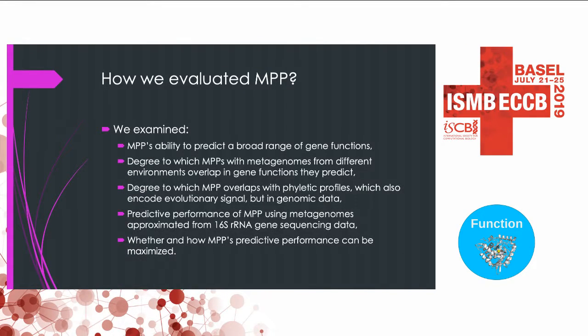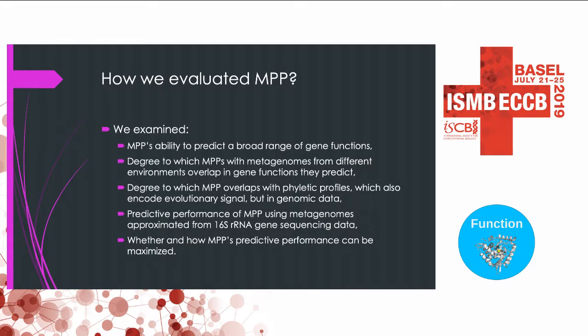We evaluated MPP in several steps. First, we were interested in whether we can predict a broad range of gene functions using MPP. Then we constructed multiple MPPs, each with metagenomes from different environments, and we measured a degree of overlap in gene functions they predict.